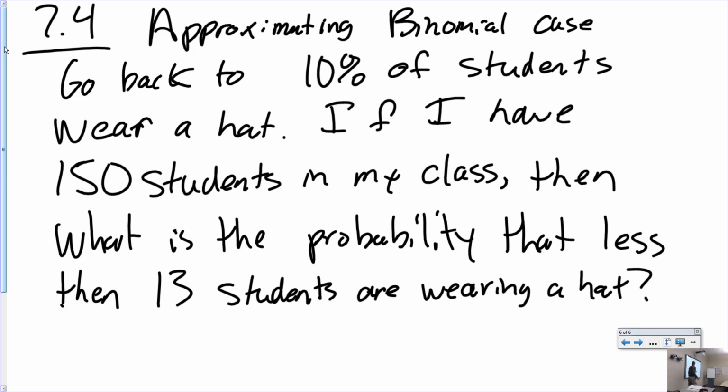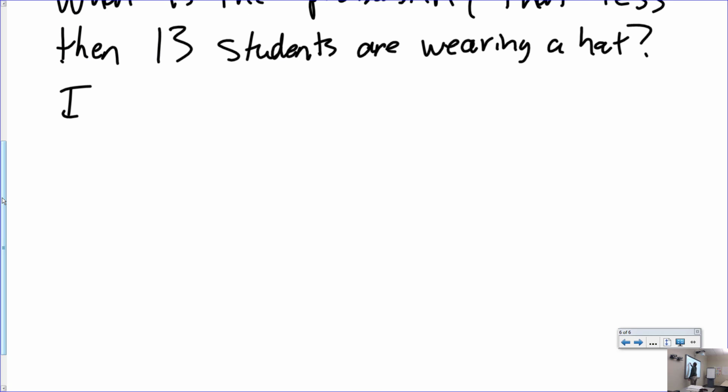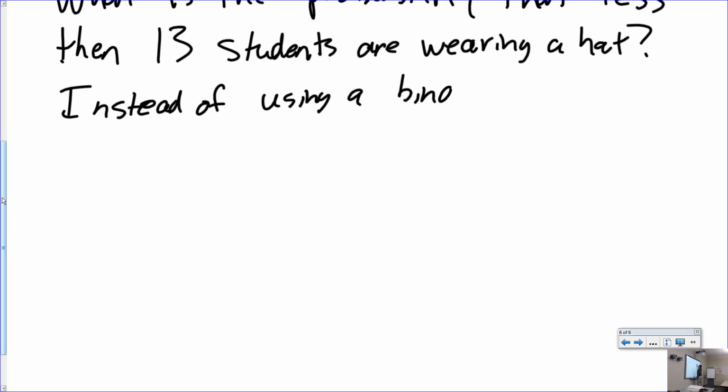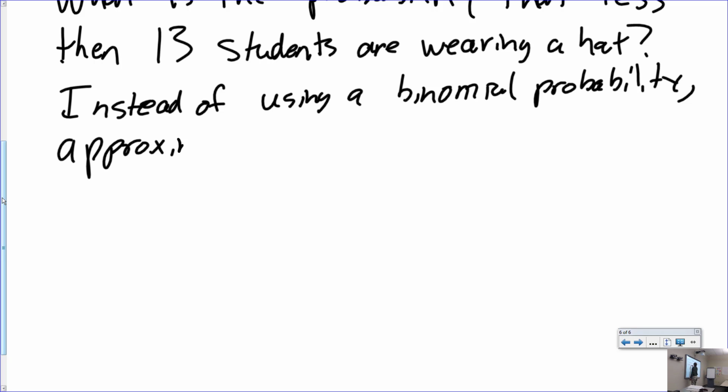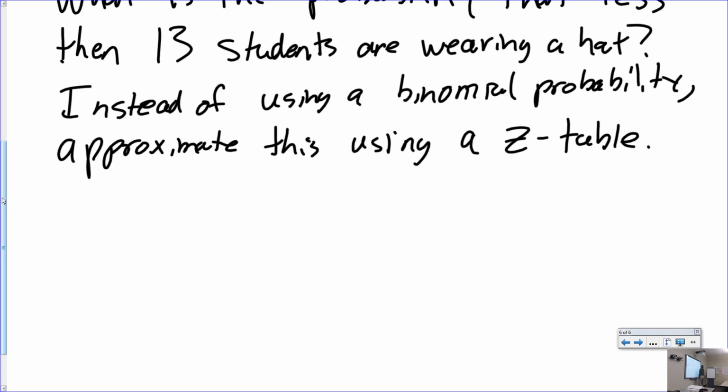So, instead of using a binomial probability, approximate this using the z-table.